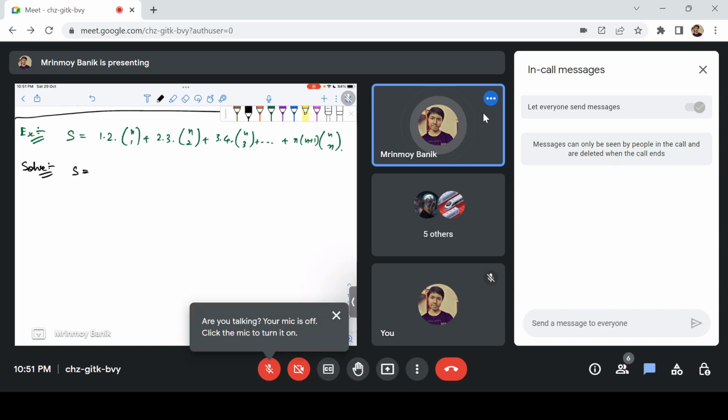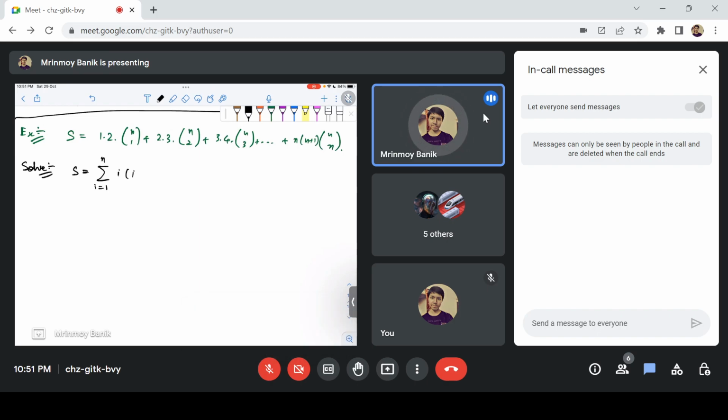So as before, we write S using the summation notation. So it's i into i plus 1 times nCi.